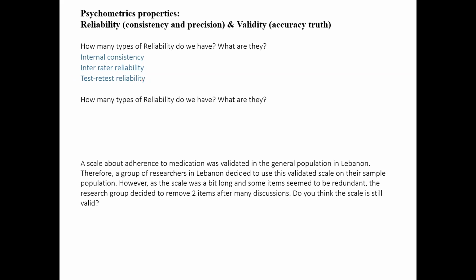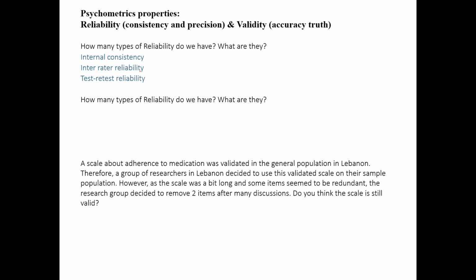Yes, it's clear. Okay. Now, inter-rater reliability is when you have one construct and you have two people who are measuring, and you want to make sure that the way these two people are measuring is the same.